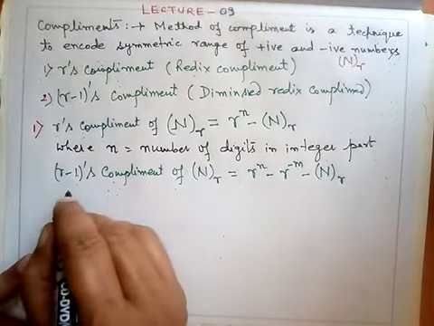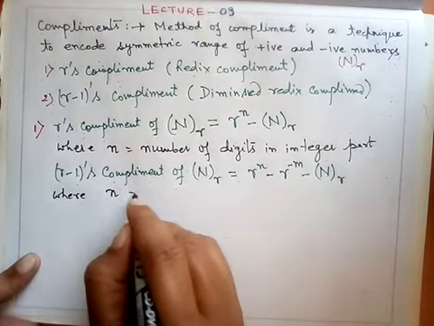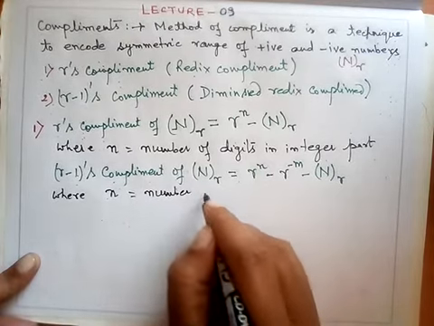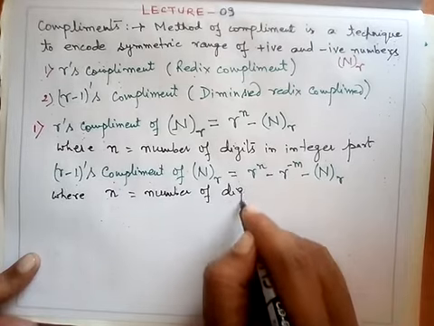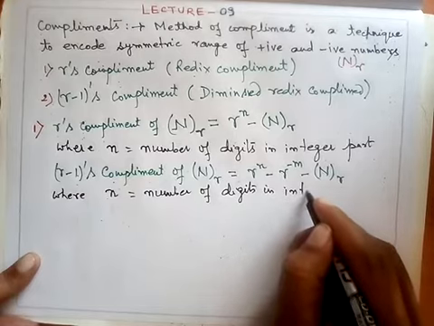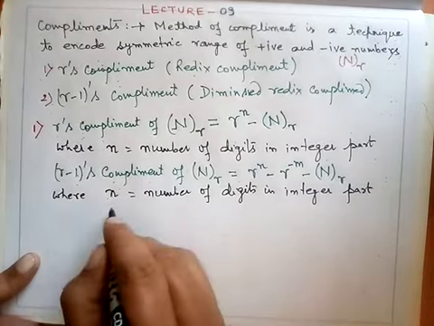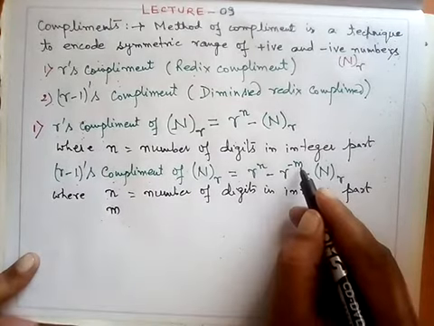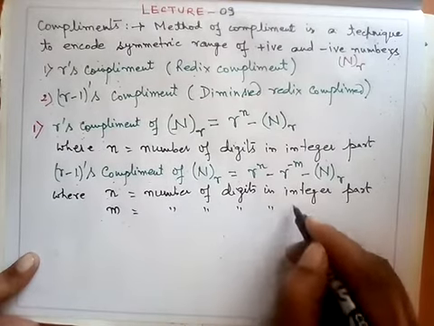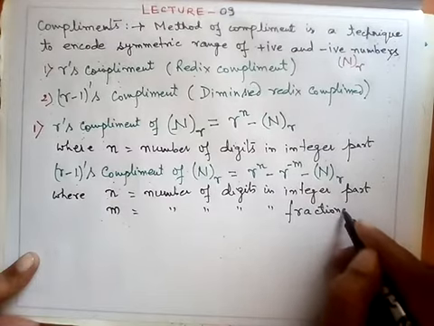Small n is the number of digits in the integer part, and this small m is the number of digits in the fractional part.